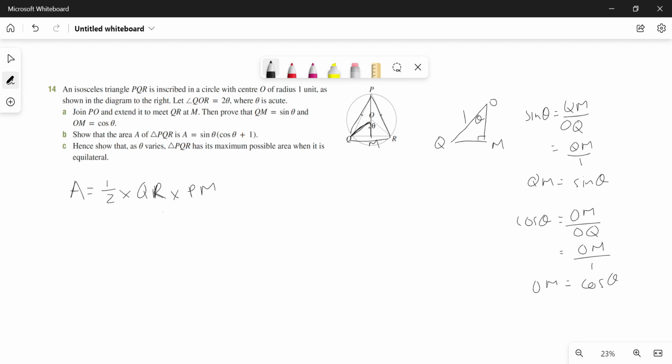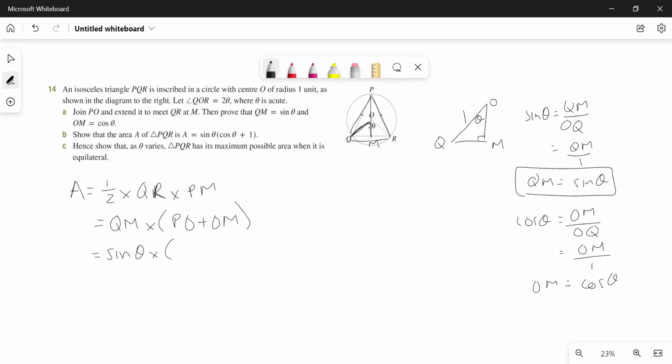Now half of QR is QM, and then PM is made up of PO and OM. We should know what QM is. QM is sine theta.